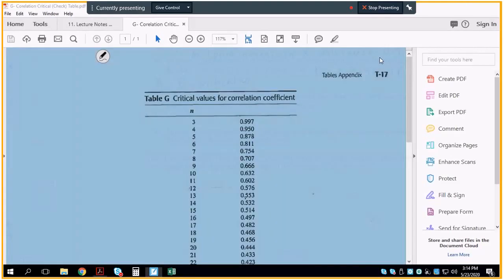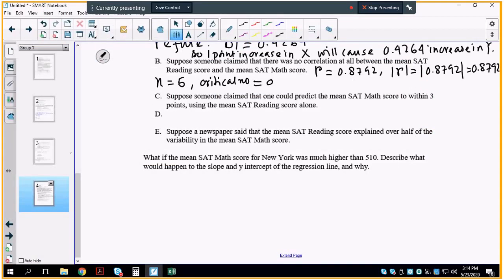So this is 0.878, and clearly 0.8792 is greater than 0.878. So there is correlation. I have deterministically proved that there is correlation. What does that mean? It means I'm going to refute again. This is not a right statement.